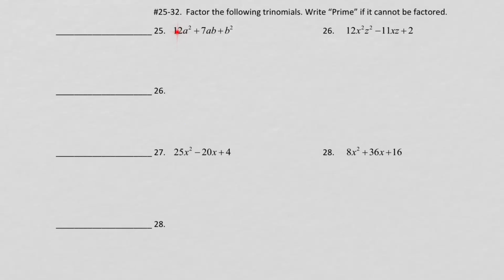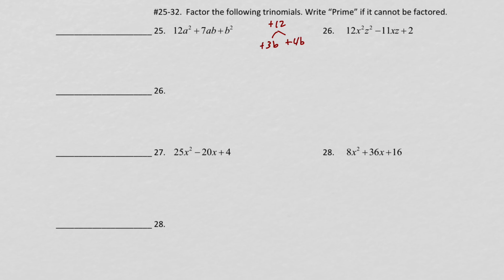Okay, because of this leading coefficient, I'm going to multiply the 12 times the coefficient of 1. 12 times 1 is positive 12. I'm looking for factors, because it's positive, that add up to 7. So 3 and 4. So positive 3 and positive 4.